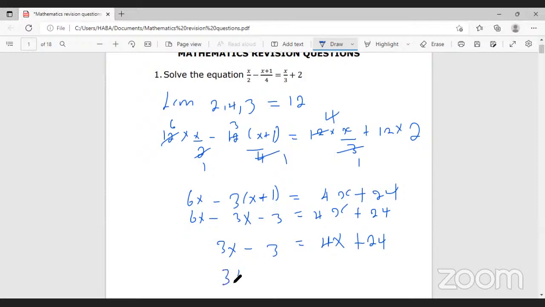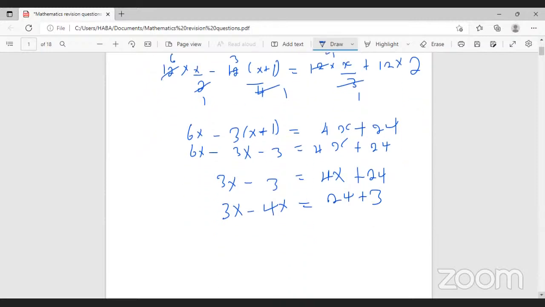So we shall have 3x minus 4x, and then 24, negative 3. What happens to negative 3 when it crosses the equal sign? It becomes positive, so plus 3. So what is 3x minus 4x? It is negative x. 24 plus 3? 27. Good.